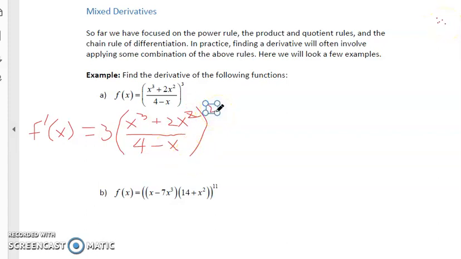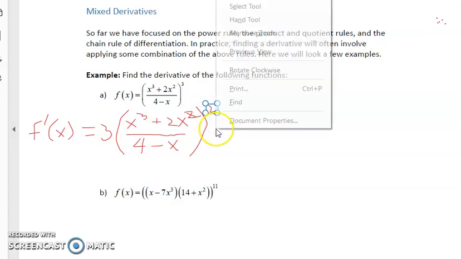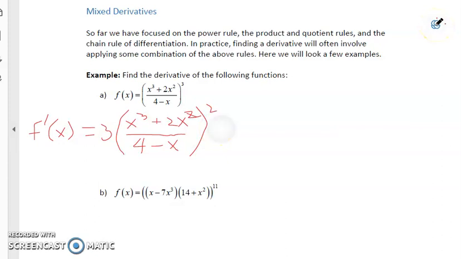So you can see we actually use the first part of the chain rule, but now we have a big multiply times, okay, big set of brackets, because now we have the quotient rule coming into play.